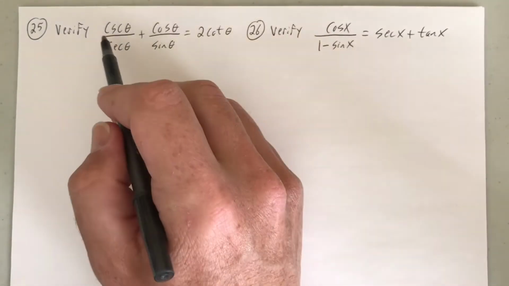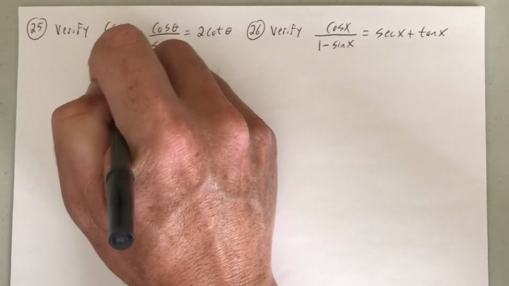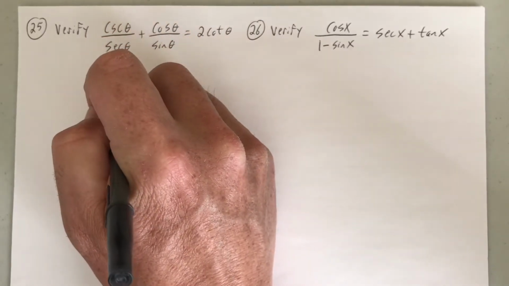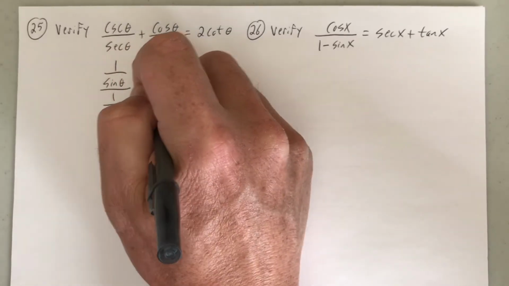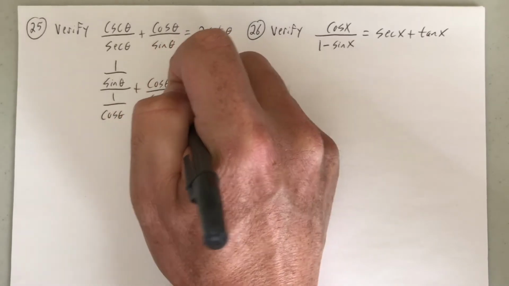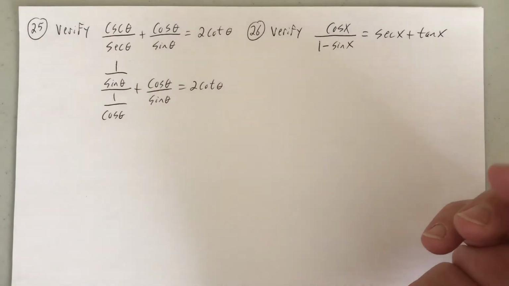So if I do that, I got the cosecant theta, which is going to be 1 over sine theta. And then secant theta is 1 over cosine theta, plus cosine theta over sine theta. And of course, I got my 2 cotangent theta over here.